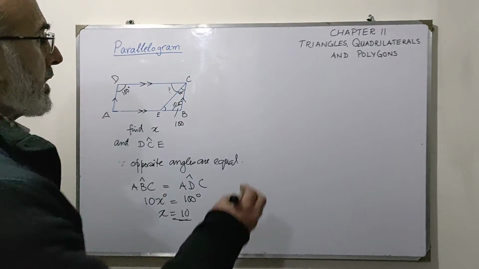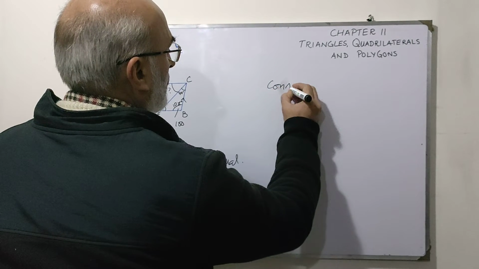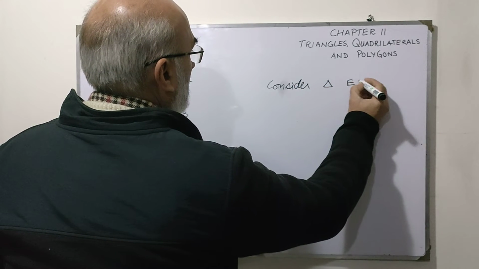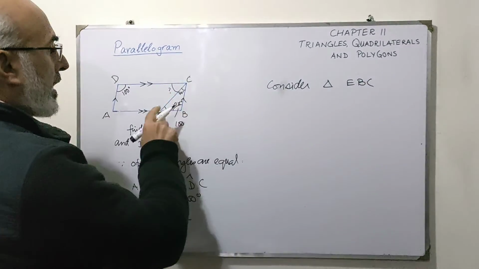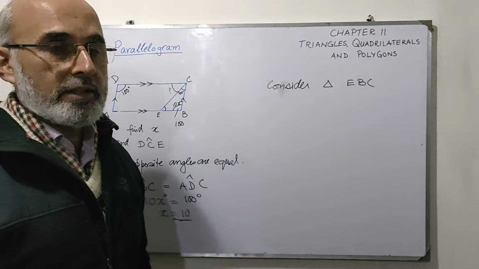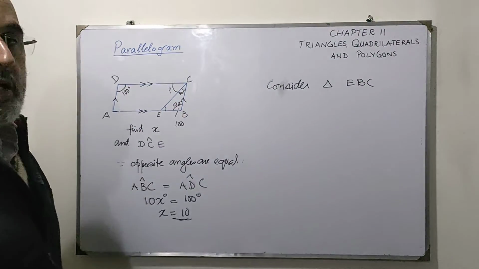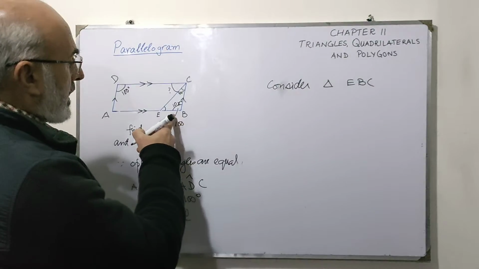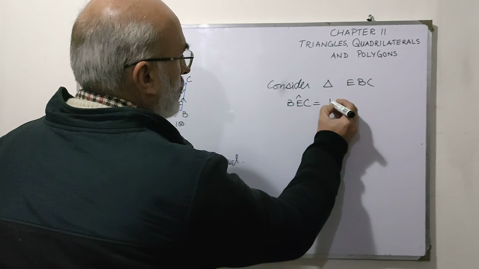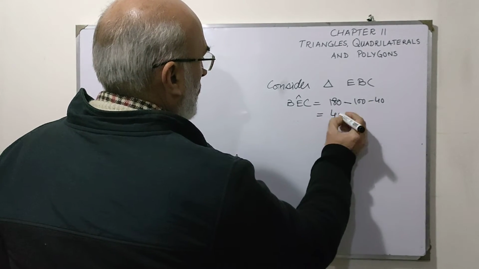So let's consider triangle EBC. We know that the interior angles of a triangle equal 180 degrees, right? We have one angle here 100, one angle here 40. So we have to find angle BEC. So BEC is equal to 180 minus 100 minus 40.